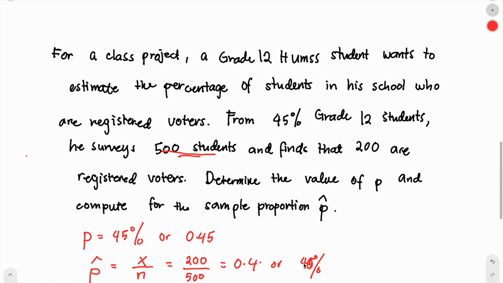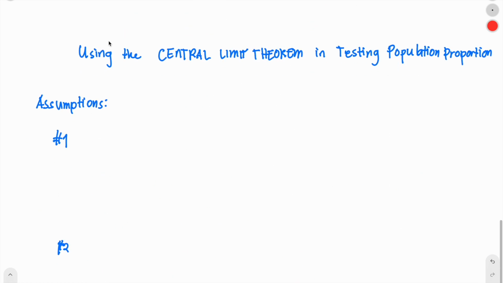Okay. So, using the central limit theorem in testing population proportion. I hope you still remember the central limit theorem, right?